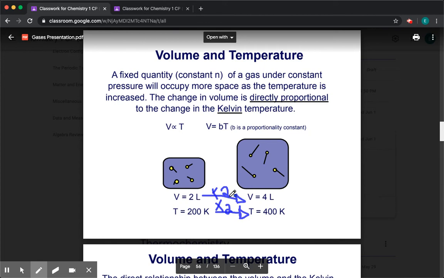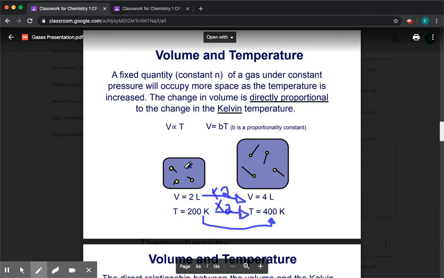How much kinetic energy they have is related to their temperature. So think about it, by doubling the temperature, I'm not going to say we doubled the kinetic energy because that relationship isn't necessarily one-to-one, but let's pretend that we did. So you double the temperature, so you doubled the kinetic energy.